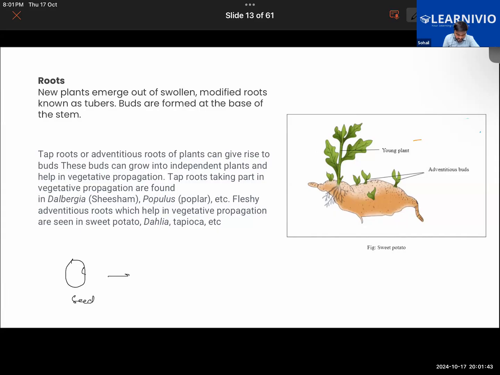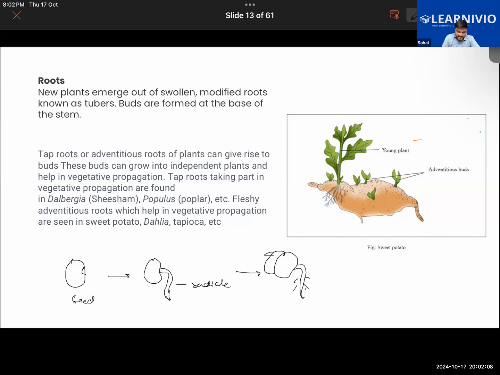I'm not talking about the bud right now. I'm trying to explain about the seed first of all. First of all, a root will develop like this. That is called the radicle. I suppose you guys will be aware of this, right? After some days, the seed will open up like this.